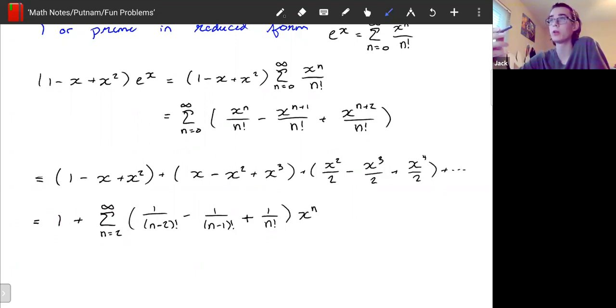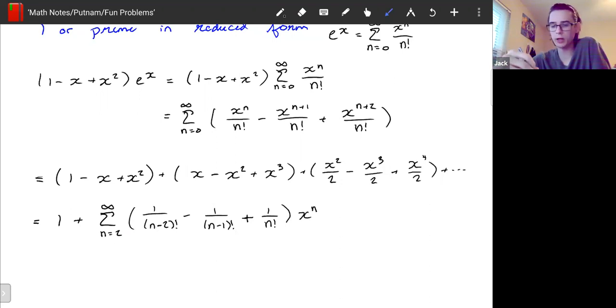Our only constant term is going to be 1, and then our terms with degree 1, as we stated earlier, the only time that appears is up here and right here, and those two cancel each other out, so there's not going to be any degree 1 terms. So we're going to go ahead and start with degree 2.